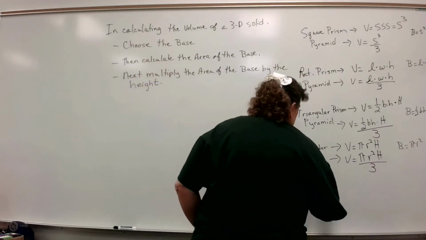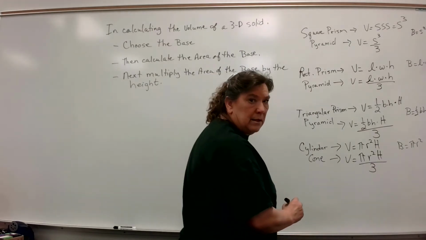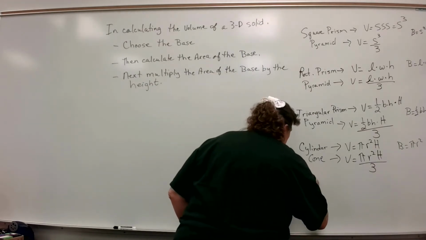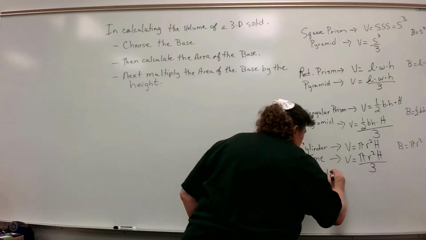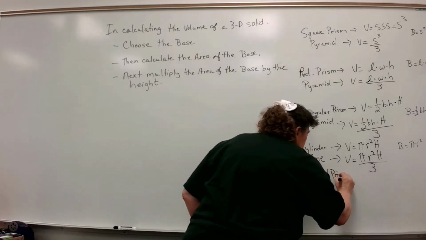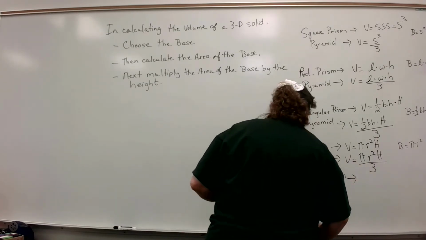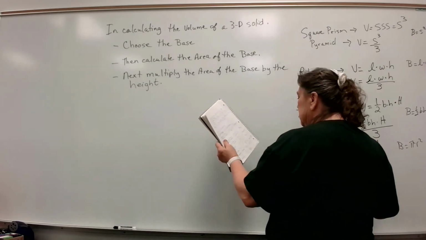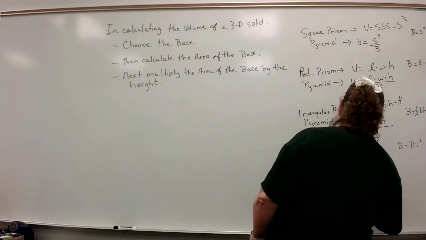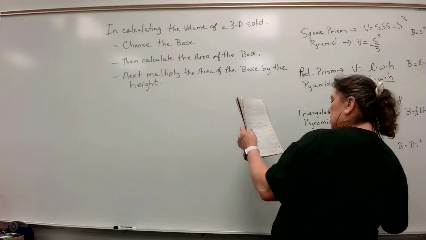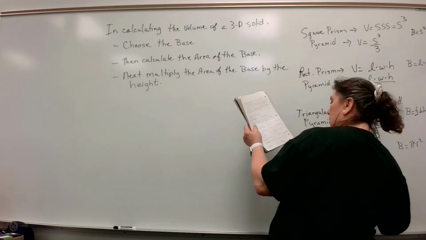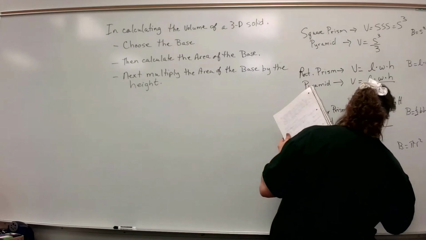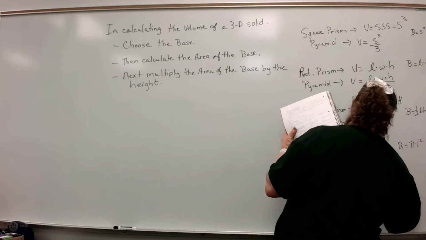Okay, let's look at a hexagonal prism. Since we calculated one of those. And that is 6 times, because there's 6 triangles in it, the square root of 3 over 4 s squared times my height.